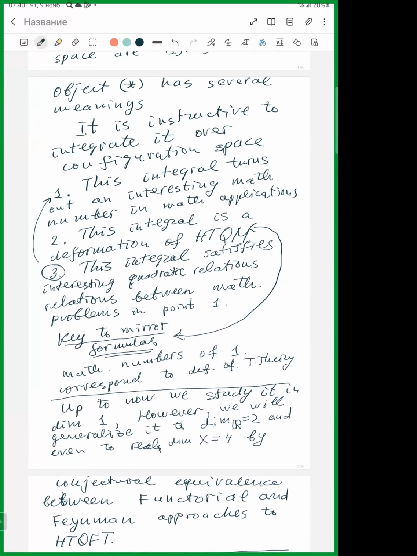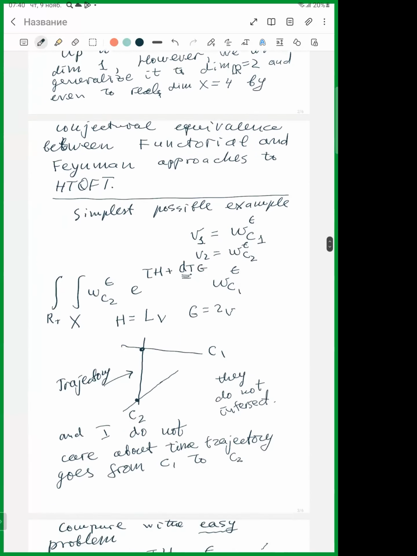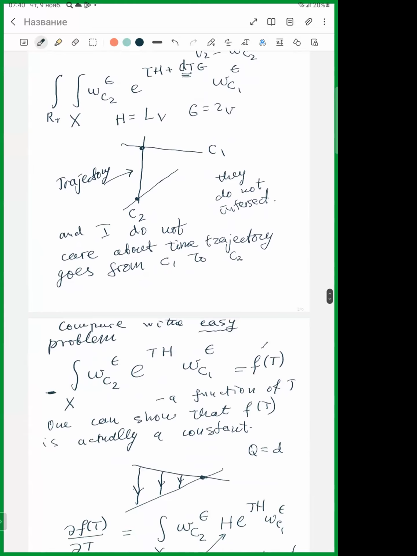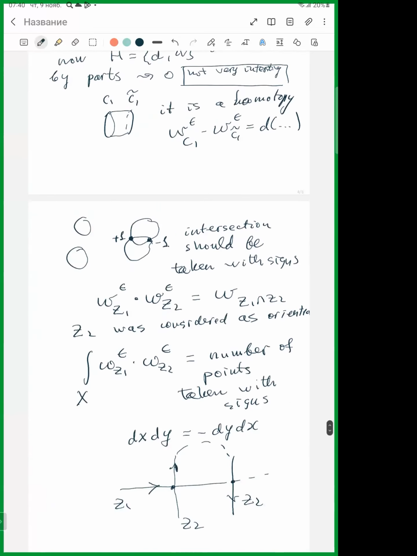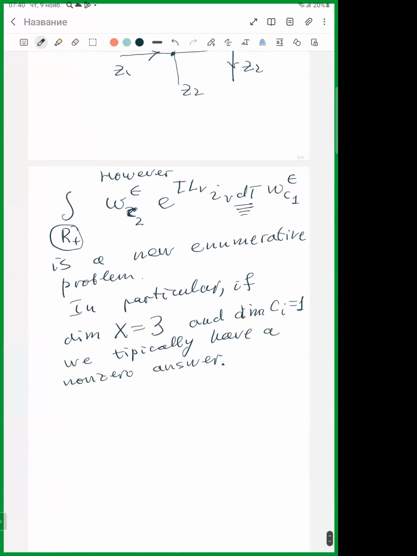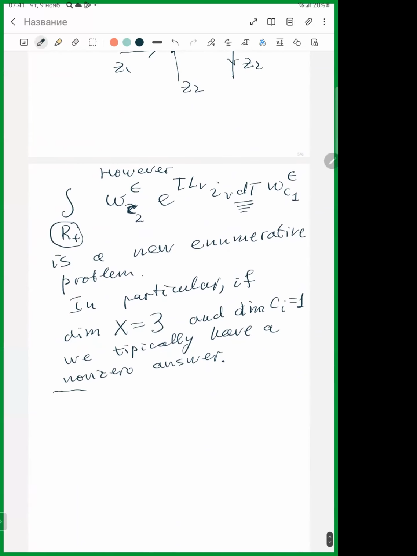And now I would like to go to point number 2. And point number 2 is the relation between new numbers and deformation theory.